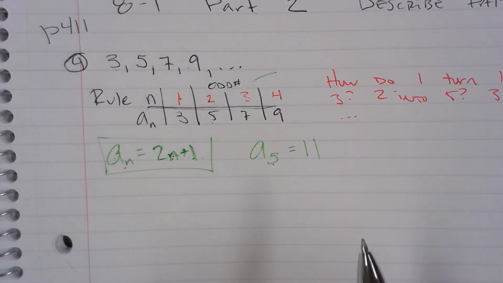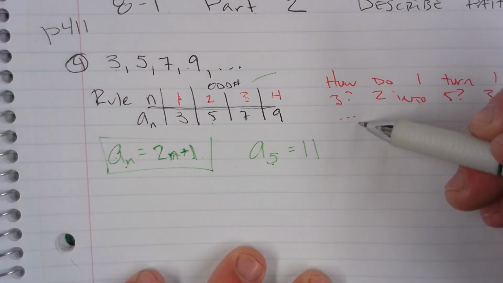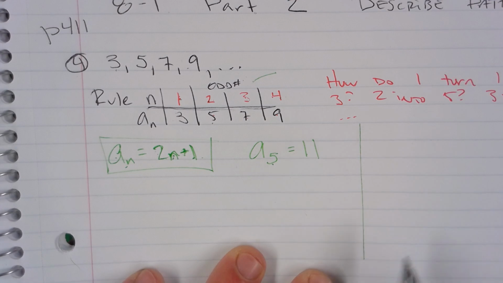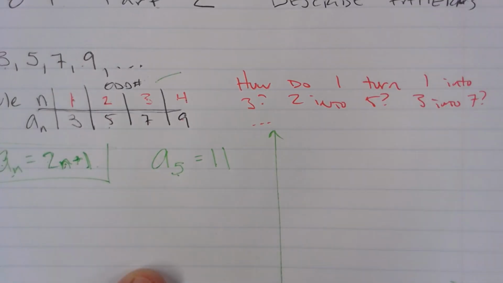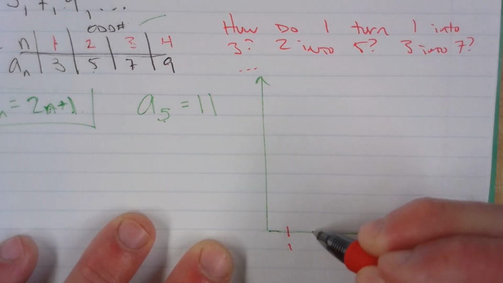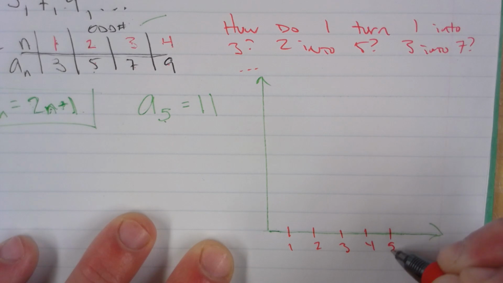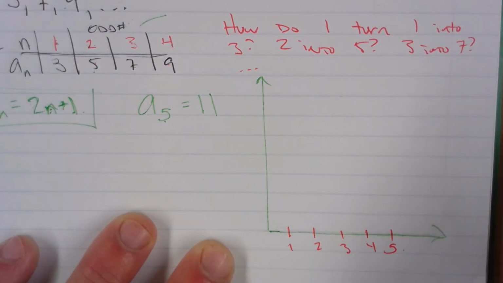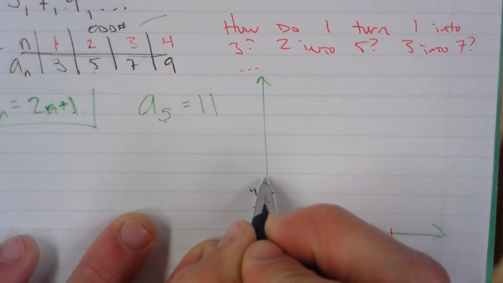All right, now we want to graph the first 5 terms. So I do want you to make a quick sketch. We only need the quadrant 1. It looks like we can count by 1s down here. We're graphing the first 5 terms. And let's count by 2s over here.